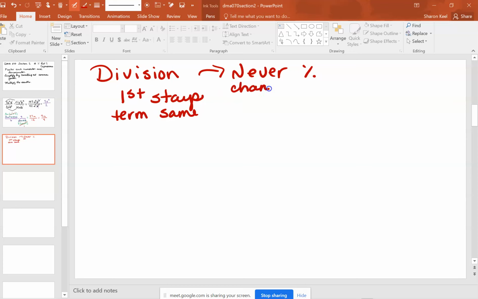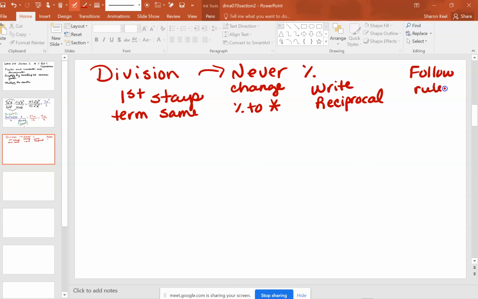We change the division sign to multiplication, and then we write the reciprocal of the one on the right. Once we've done that, then we simply follow the rules for multiplication.